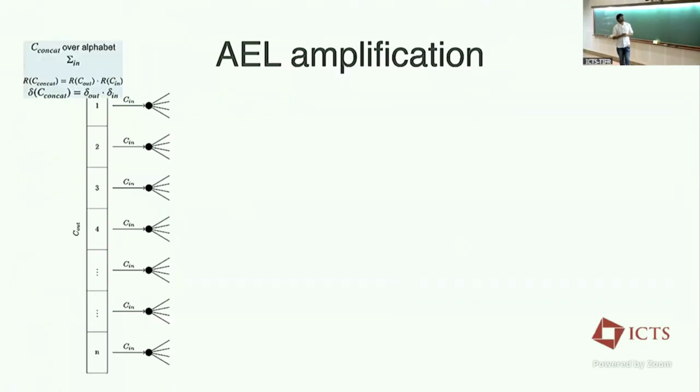And if you just did concatenation, the parameters of the two codes just multiply. Let's say the inner code was binary, I would get finally a binary code. I would want it to be as close to R_in and delta_in as possible. Then I would get something that was a constant size object, but a global family. And maybe I want the rate to be very close. I could choose R_out to be very close to 1, but then the delta would have to be very close to 0. So I have to lose in one of the two.